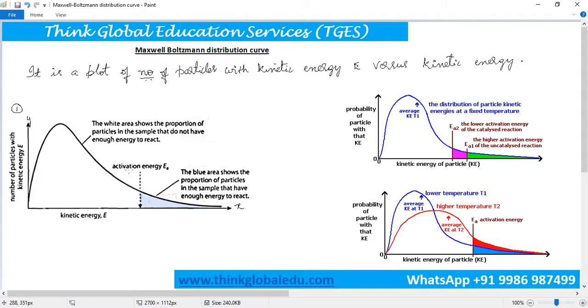We know that activation energy is the minimum value of kinetic energy which particles must possess before they are able to react.